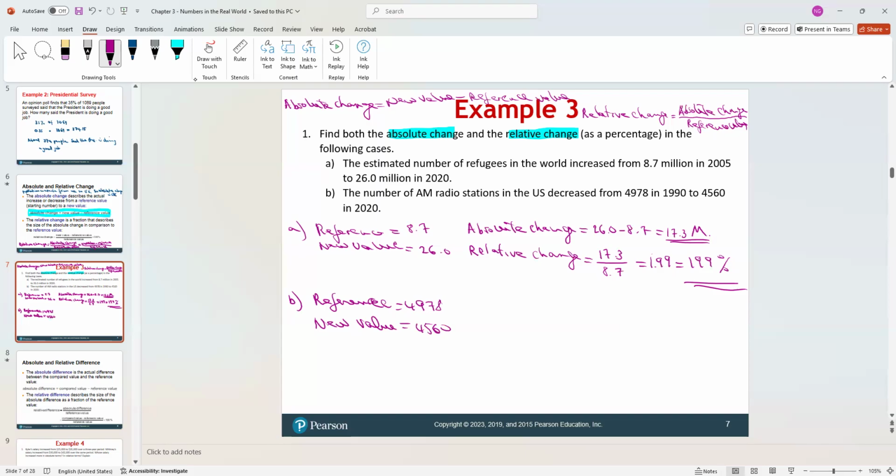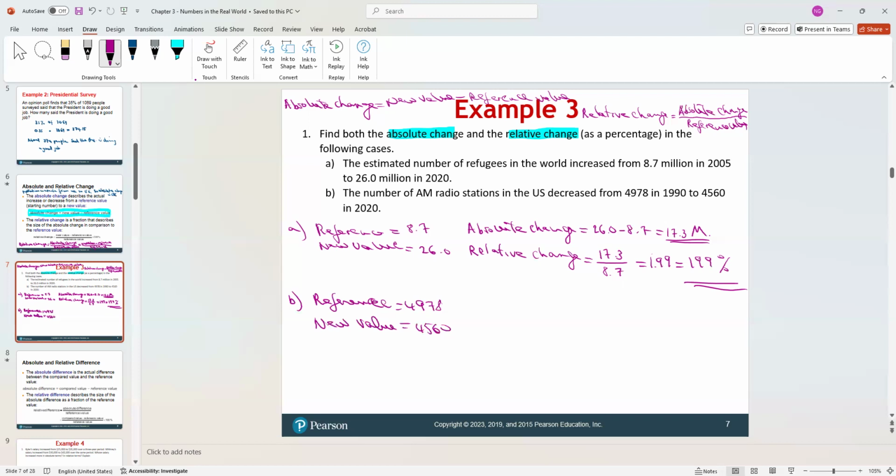You see, in about 30 years there's a decrease, so everything will be negative, because we said the absolute and relative changes are positive if the new value is greater than the reference value, but negative if the new value is less than the reference value.